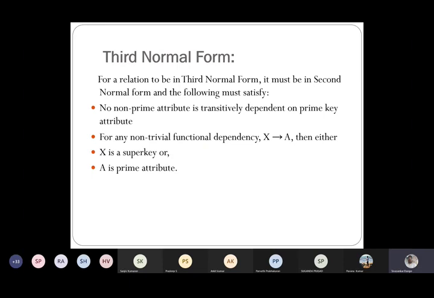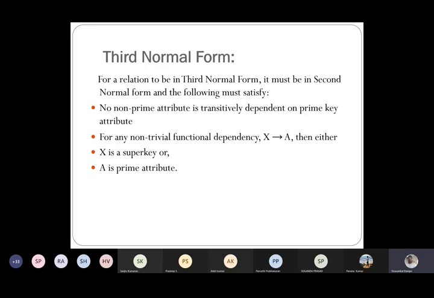The first requirement is that no non-prime attribute is transitively dependent on the prime key attribute. And for any non-trivial functional dependency such that X determines A holds, either X is a super key or A is a prime attribute, right?